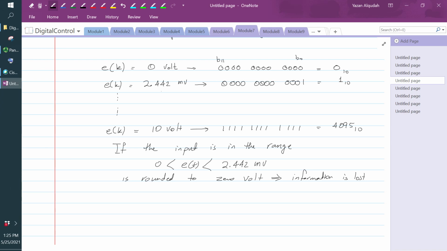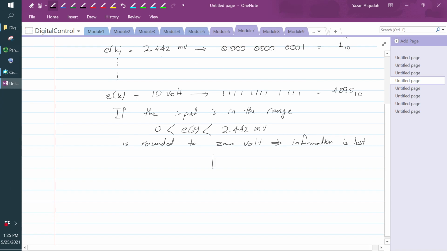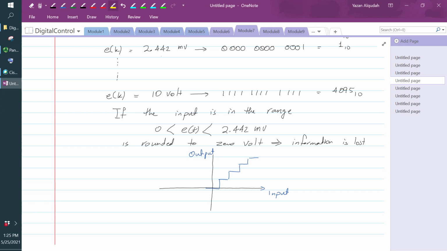So again, if you look at a typical graph that represents this quantization, you're going to see something that might look something like this. This is my input value, and this is my output of the analog to digital converter. So what this says, if your input is between this value and this value, you're going to assign it a fixed value, which is this value here.